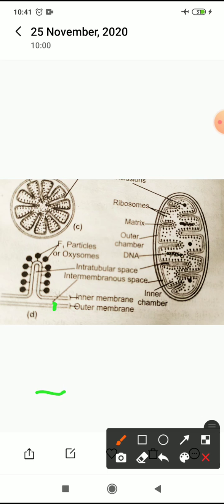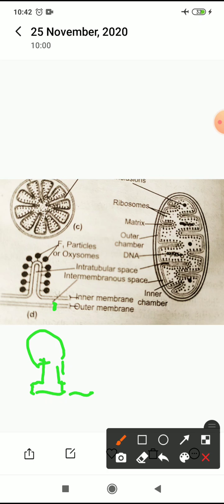So we can show it somewhat like this here. This is base, this is stalk, and here headpiece. These particles are spaced at a distance of about 100 angstrom. So apart from each other, the distance is 100 angstrom in between these particles.